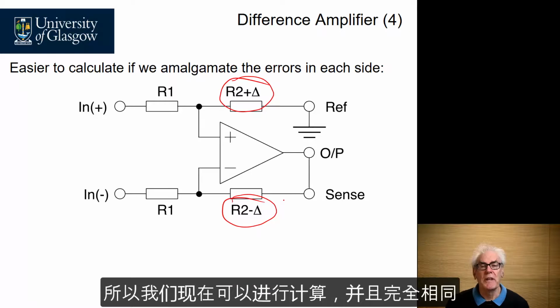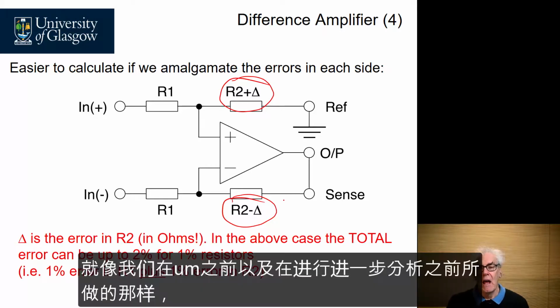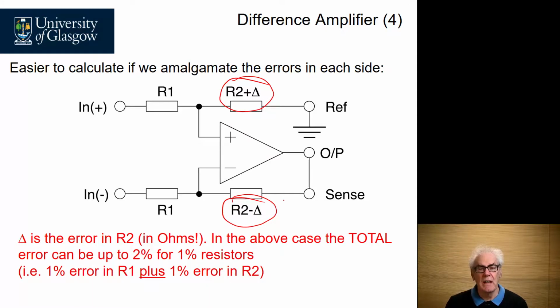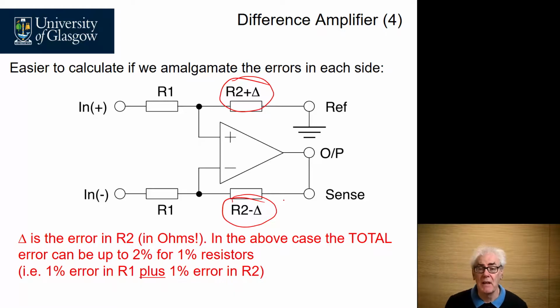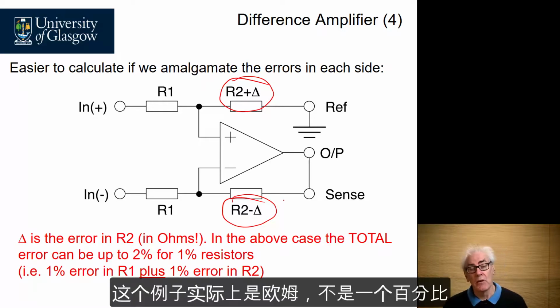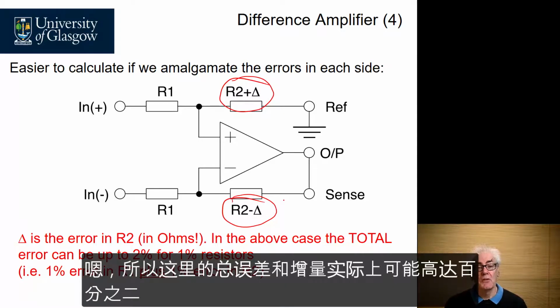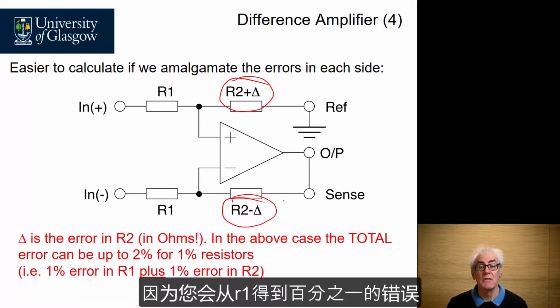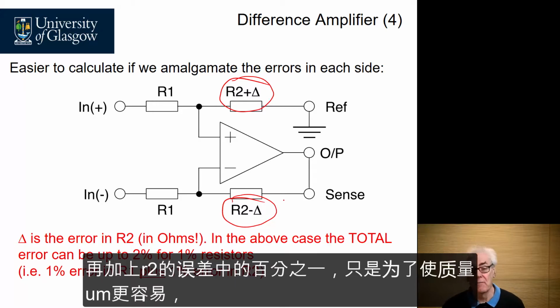We can now do the calculations in exactly the same way as before. Before we get much further, it's important to realize that the delta figure in this example is in ohms, not in percentage. The total error delta could be up to 2%, because you would get 1% error from R1 plus 1% error from R2.